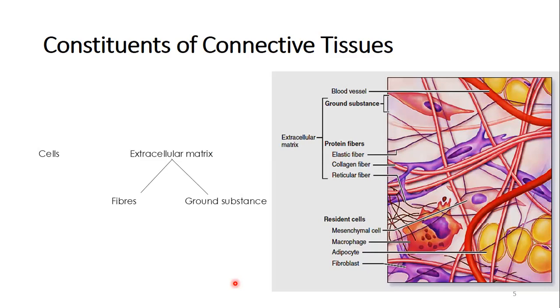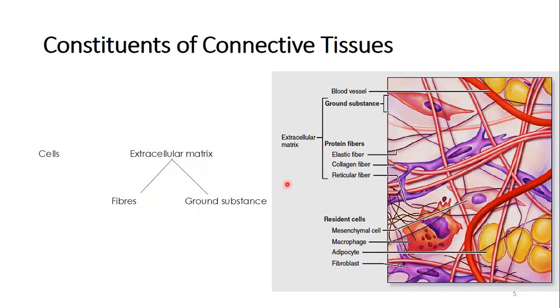Now, let's take a look at connective tissue. So number one, connective tissue is composed of cells. Like all tissues, we need cells anyway. Then we said these cells are apart. They are not held together like in epithelial tissue. And the space in between them is filled by extracellular matrix, what we call interstitial space. That space is occupied by protein fibers.